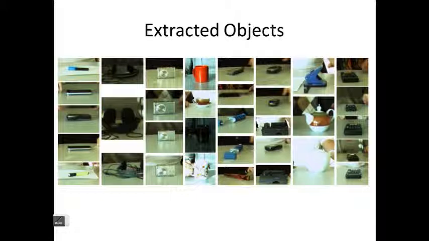In particular, the coffee mugs in the center are really different in appearance, but this algorithm was able to correctly classify them as all belonging to the same category. The same is true, I guess, for the calculators. So that's the rightmost column.